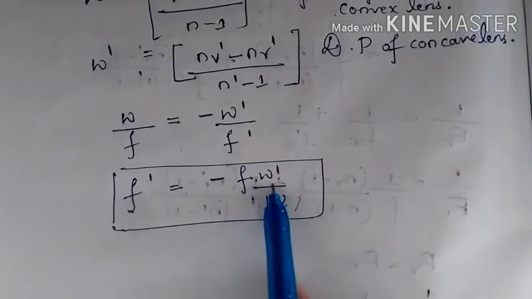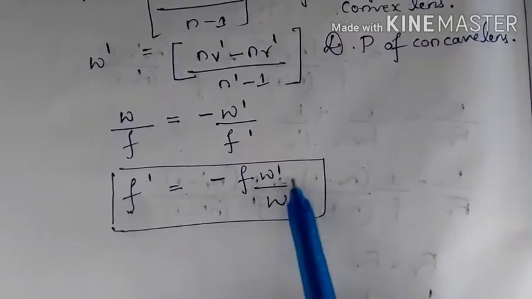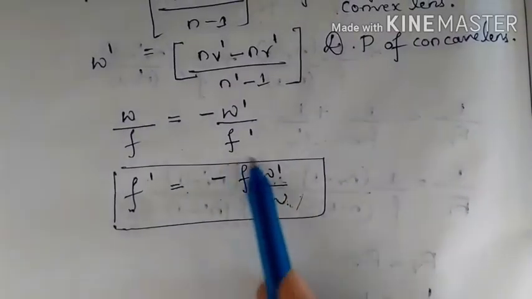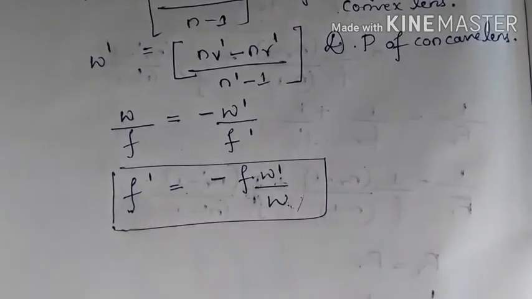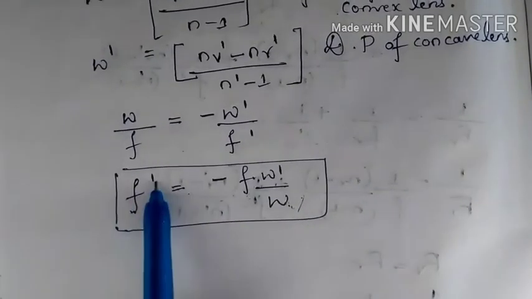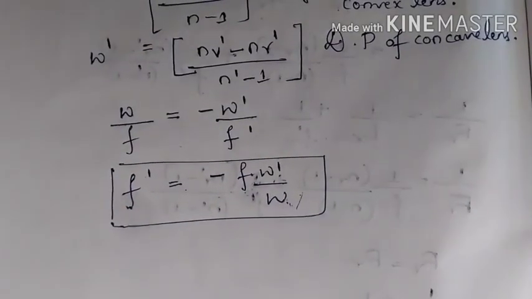And the dispersive powers omega and omega prime are positive quantities. So if F is negative, then F prime will be positive. If F is positive, then F prime will be negative.